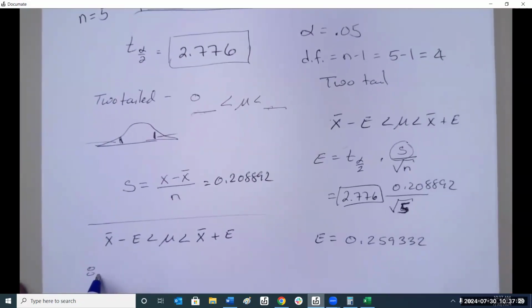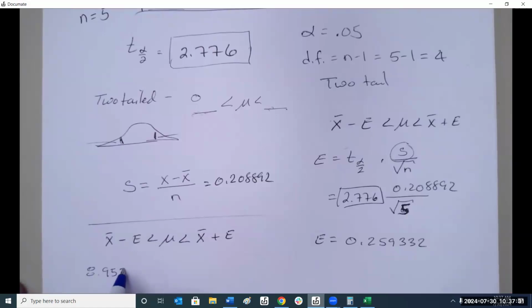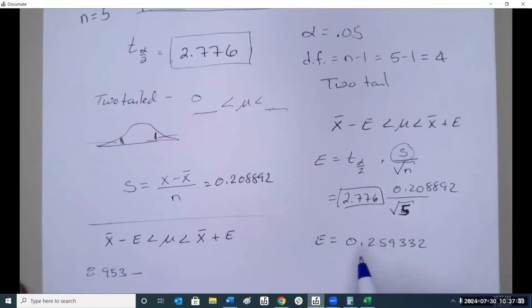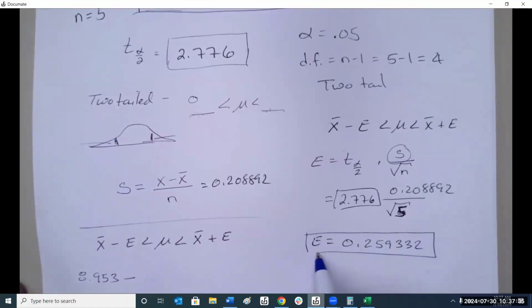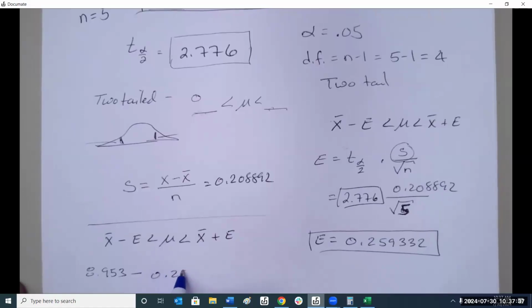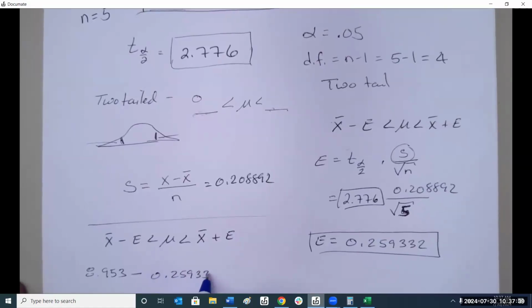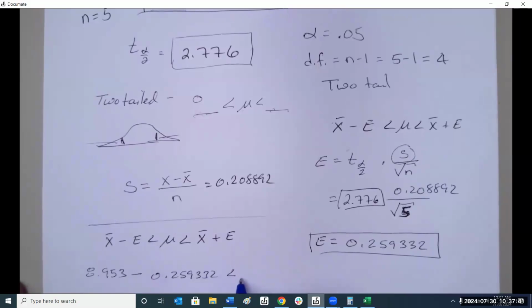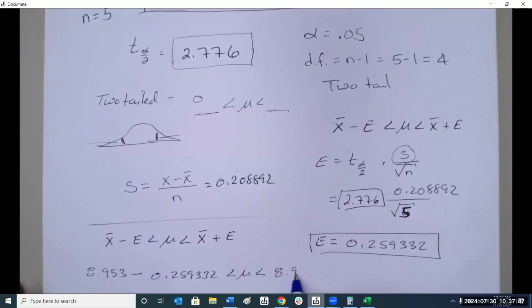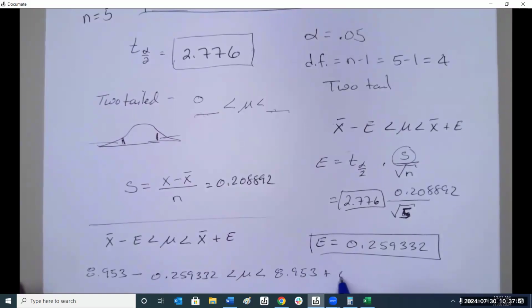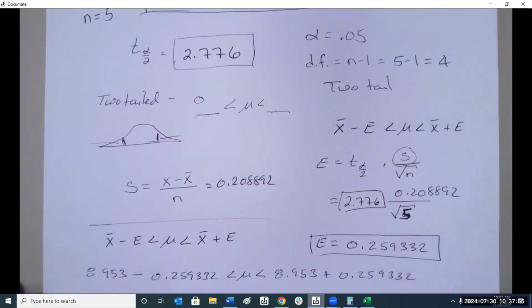So it's 8.953 minus my error, 0.259332. And just same thing on this side. So I have 8.953 plus 0.259332.